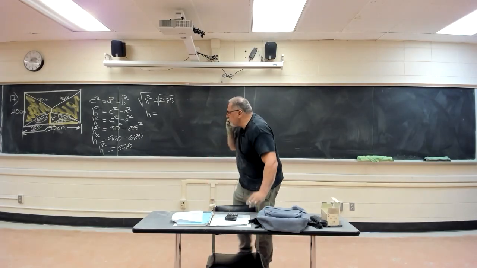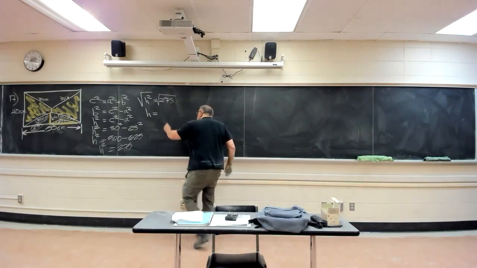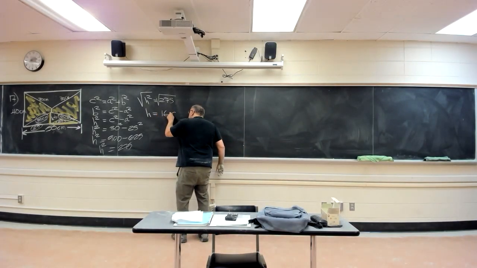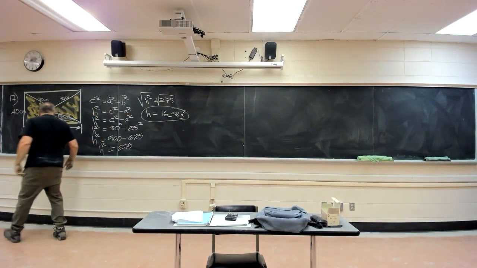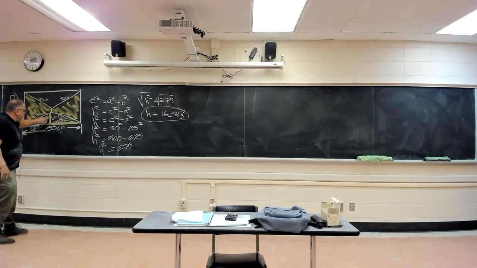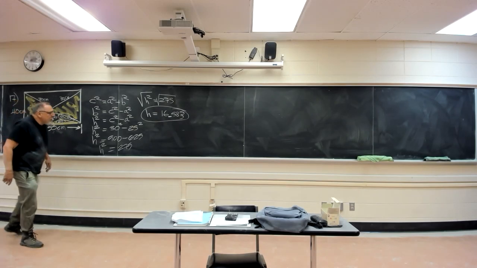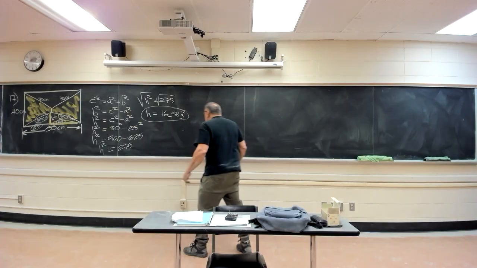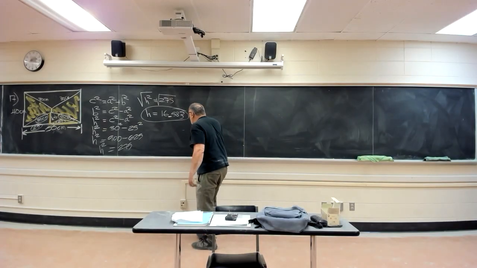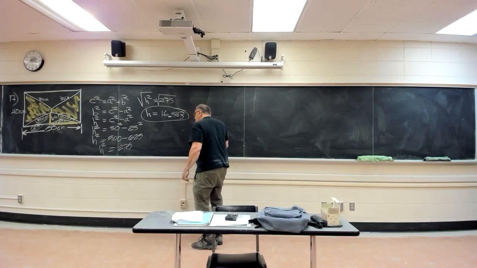H is about 16.583. Okay, keep it in mind. Tell you what I'm going to do. I'm going to take the height, 16.583, multiplied by the base, 50, and get something on the order of 829.15.